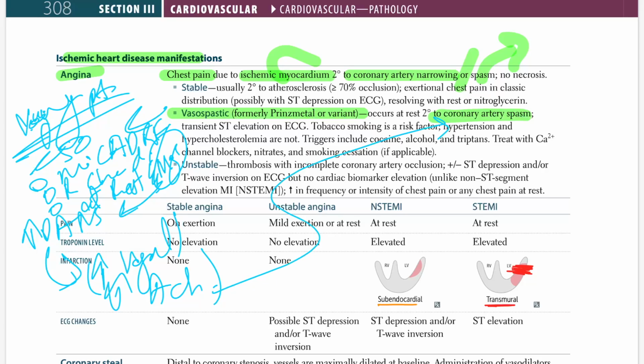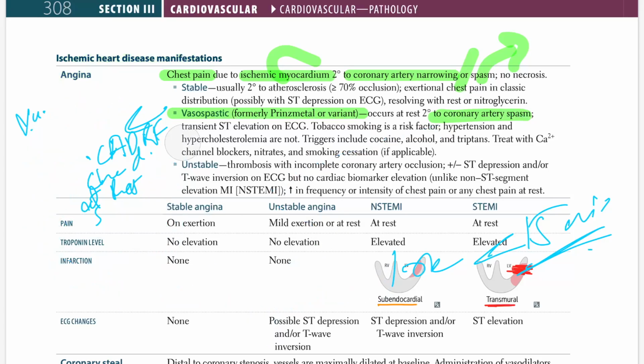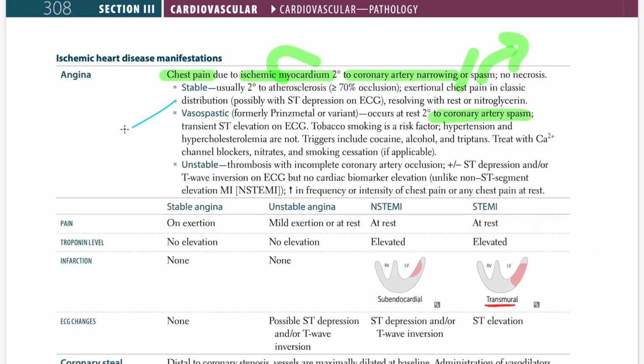Okay, and these episodes are going to be spontaneous. So spontaneous chest pain with resolution within less than 15 minutes. It automatically resolves. You don't need anything. It's just going to go away right away in 15 minutes. The patient comes in with all of this. You do coronary angiography, and you don't see any atherosclerosis, but he still has chest pain.